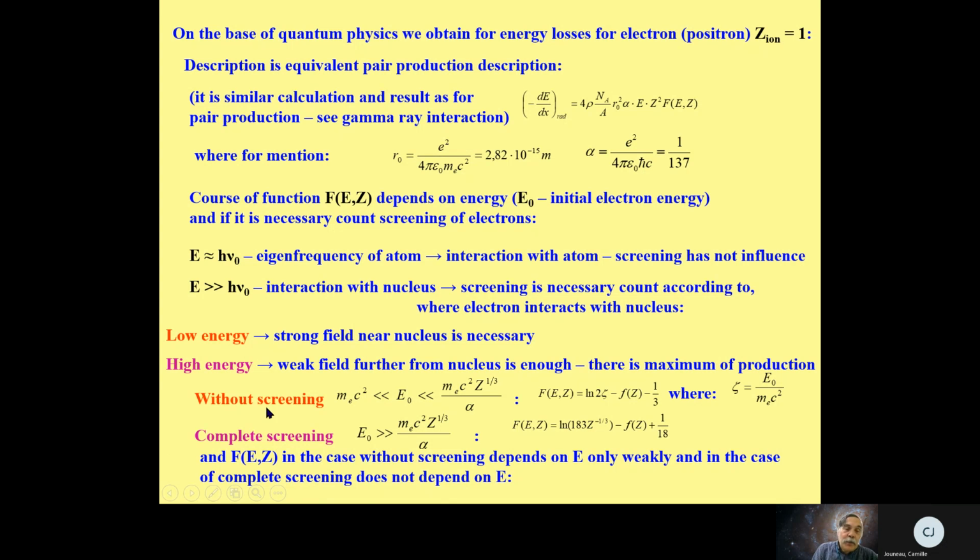That means if it is possible to produce electrons in weak field, it is much more probable that it will be produced in this outer part of the atom.